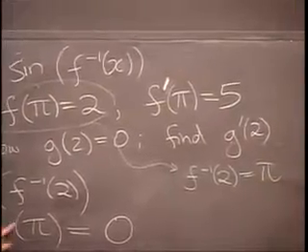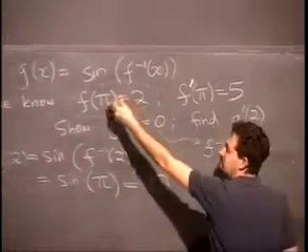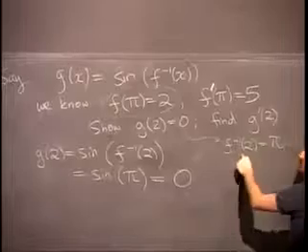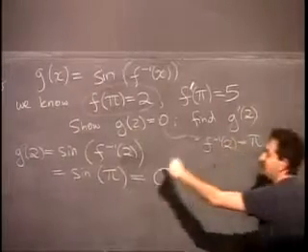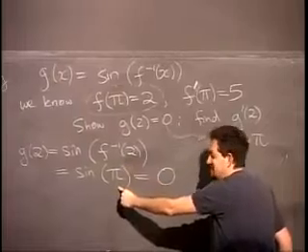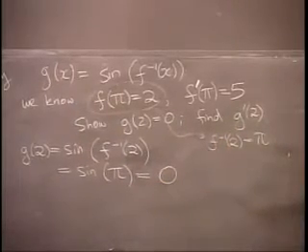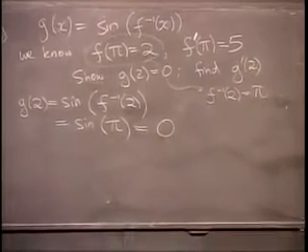So in order to do that, I notice that f of pi equals 2, and I can flip that around, put the f on the other side as an inverse. And so f inverse of 2 equals pi. So now I plug that value in here, and I have sine pi, which is just 0. Okay, so actually that's not even calculus, that's just sort of inverse functions.